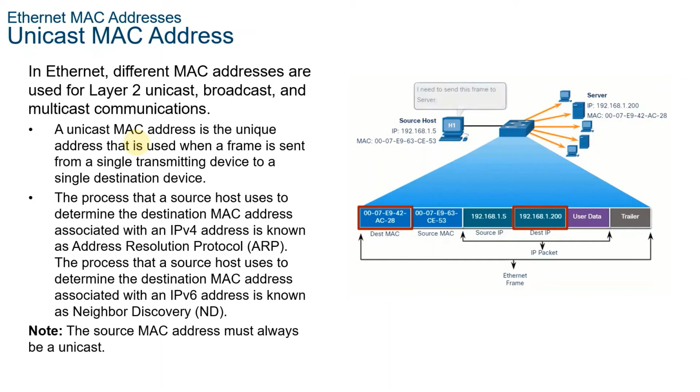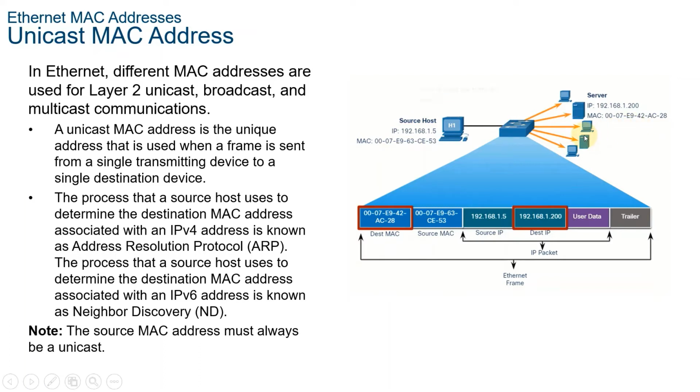If you will observe the animation on the right, Host 1 is sending data to this workstation having the MAC address of 0007.E942.AC28. So this is an example of unicast addressing.